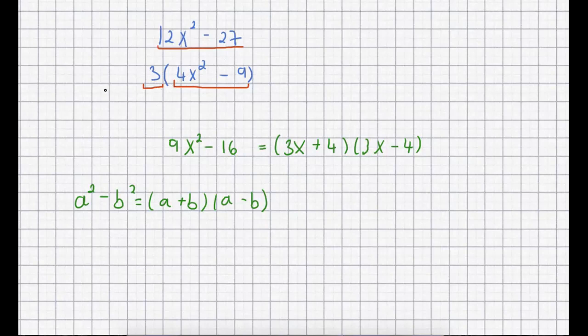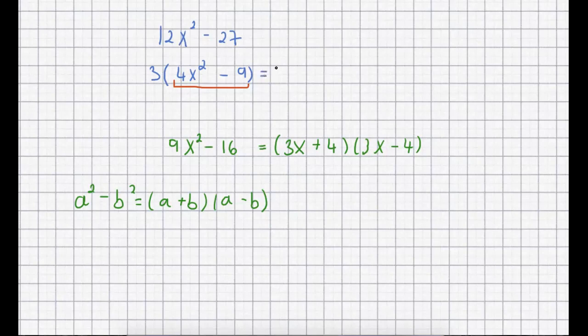Perfect. And now, if you look only at this part within the brackets, you can use this formula because 4 has a root that we like, which is 2. And 9 has a root that we like. But what about the 3? So the 3 just stays there.